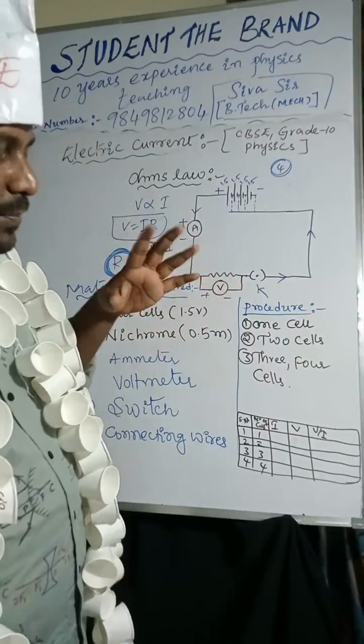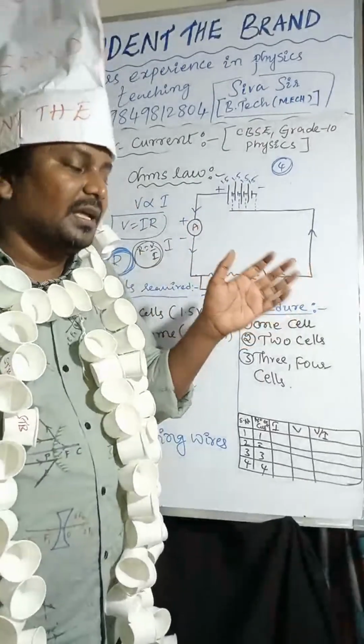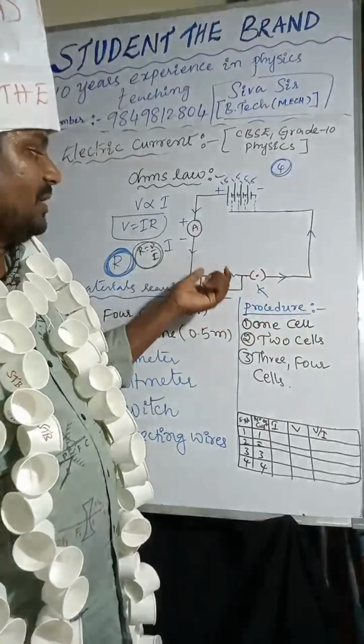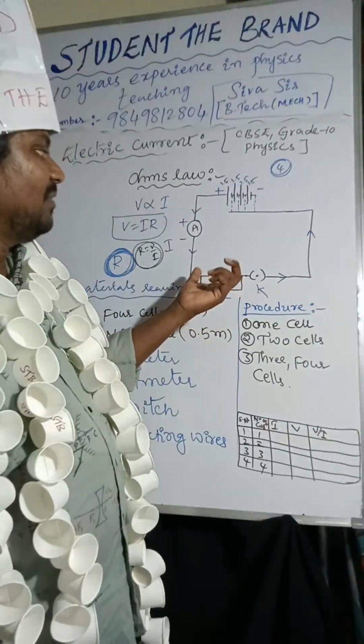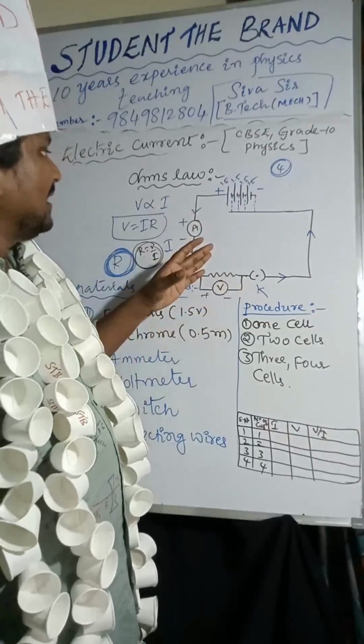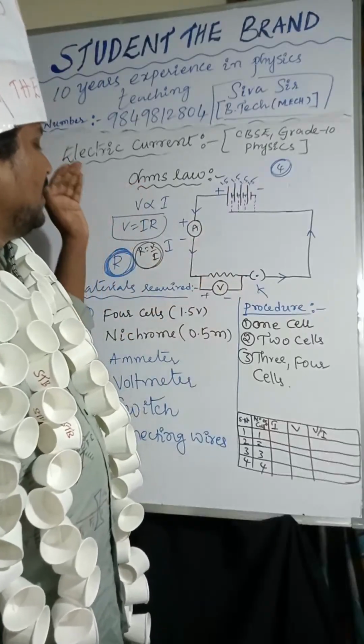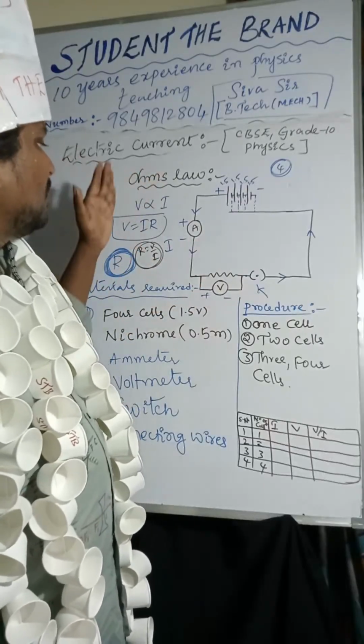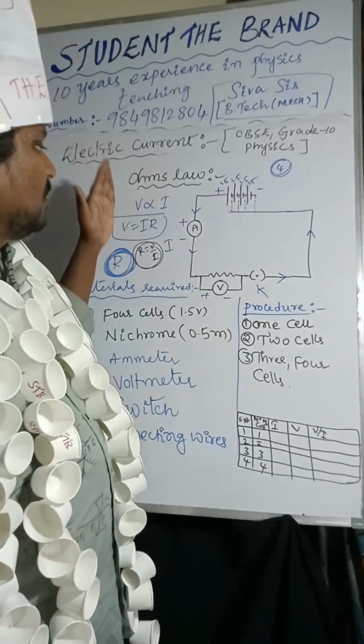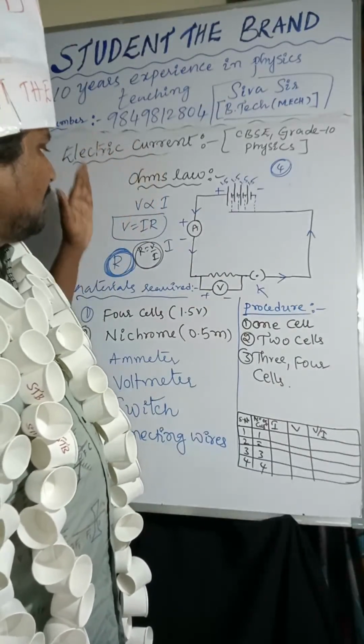Ohm's law is very simple, very easy. V is directly proportional to I, V equal to IR.